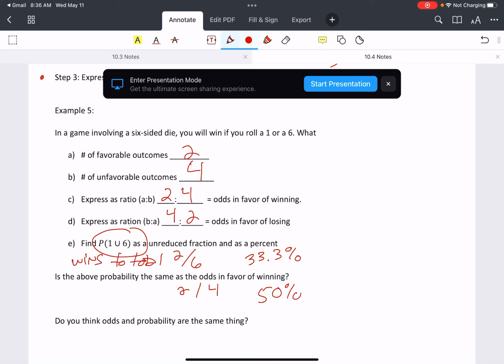But in sports, Kentucky Derby, things like that, we don't usually use probabilities. We use odds because each team does not have the same likelihood of winning. So instead, we use the odds, which compares our wins to losses. So wins to total versus wins to losses.